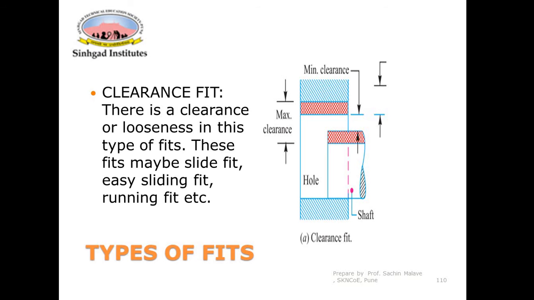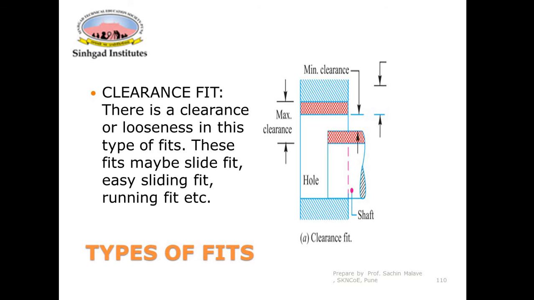Now as you can see, in the case of the clearance fit, this is the minimum size. The minimum size of the hole is always going to be larger than the maximum size of the shaft. So this size is always greater than this size.